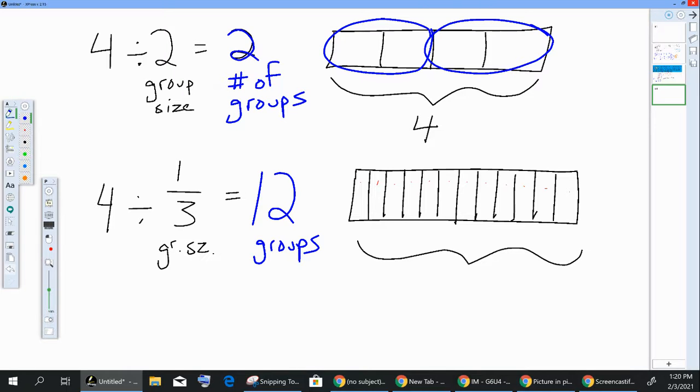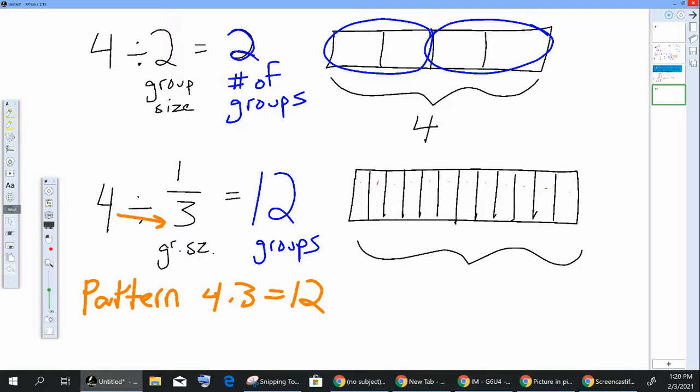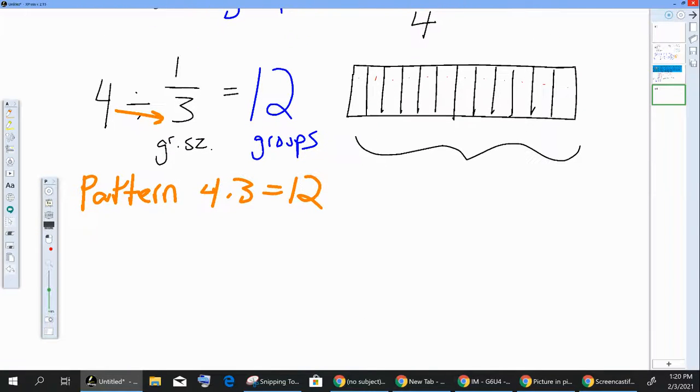Okay, and so some people at that point figured out there's a pattern going on, and the pattern is that you could multiply the number by the denominator, or 4 times 3, and that seems to always give you the right answer. And that's always important to be able to figure out numeric patterns in math.